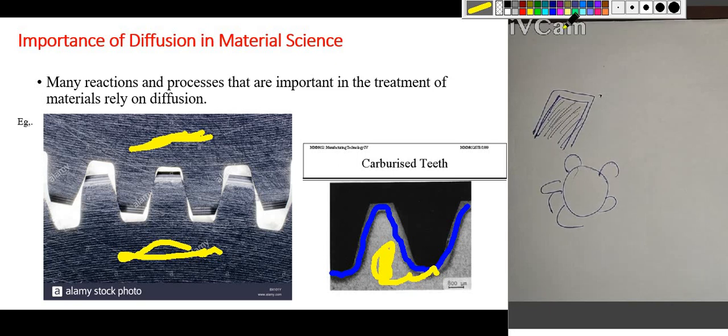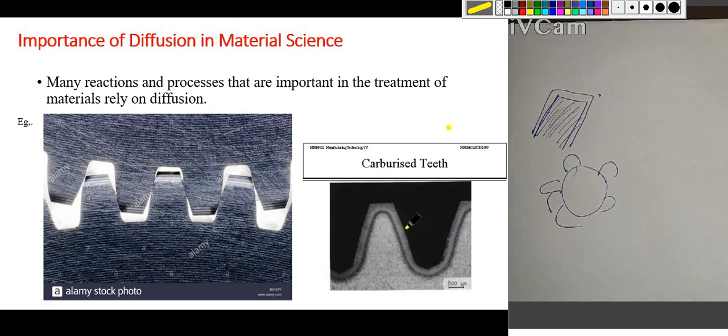Okay, then how can we provide a hard surface on the surface of these teeth? By carburizing. By the carburizing method, we can provide a hard surface on the surface of the teeth. Here the wear resistance is needed only for the surface. We don't need to give the entire material a hard surface.